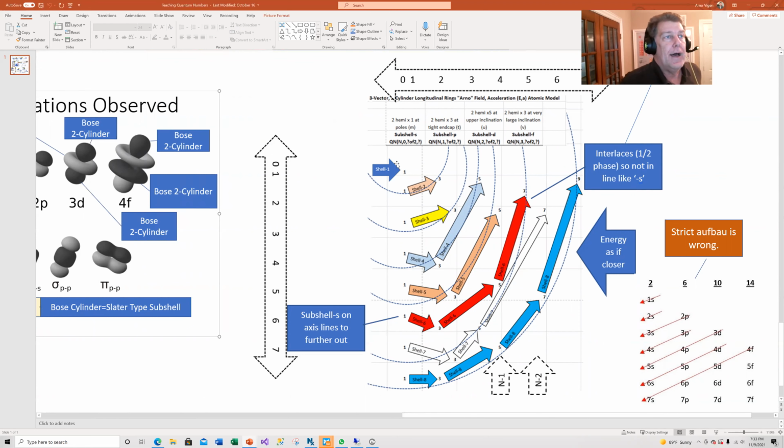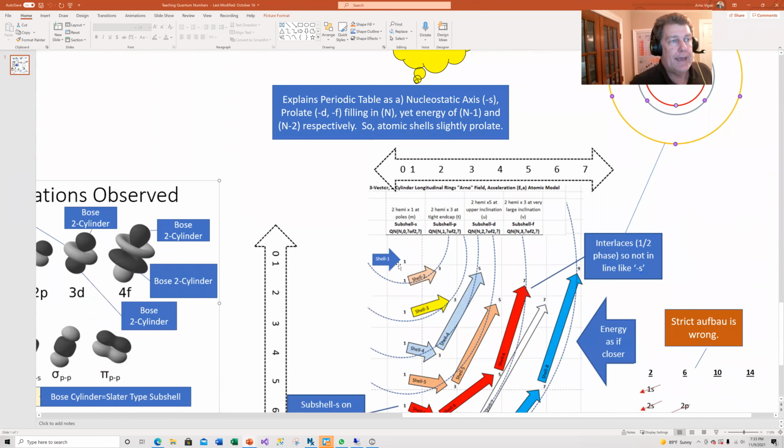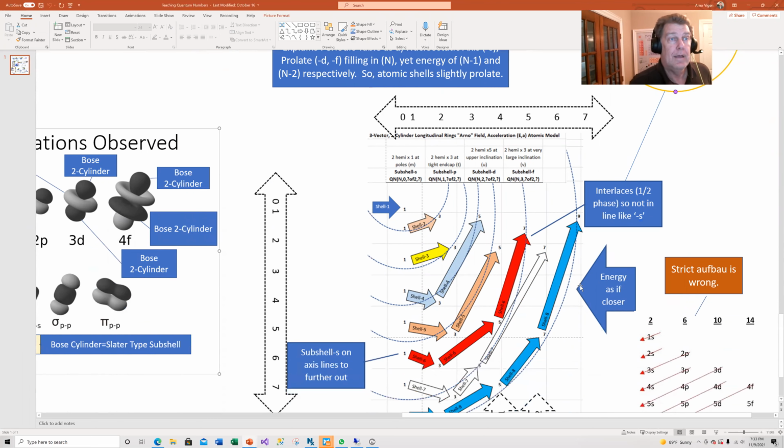So the subshell S's all line up in a straight line. But the off-axis ones, as I showed up here, are diagonal. So they get a little closer, 3, 3, 5, 5, 7, 7, and so on. That means that if you're measuring this distance here to 7, that's about the same distance as, oh, only this shell.